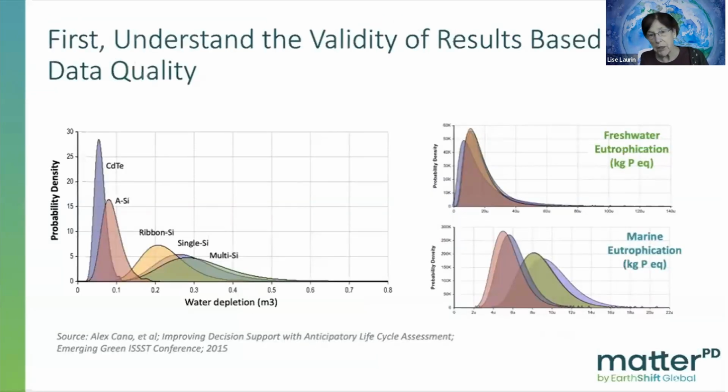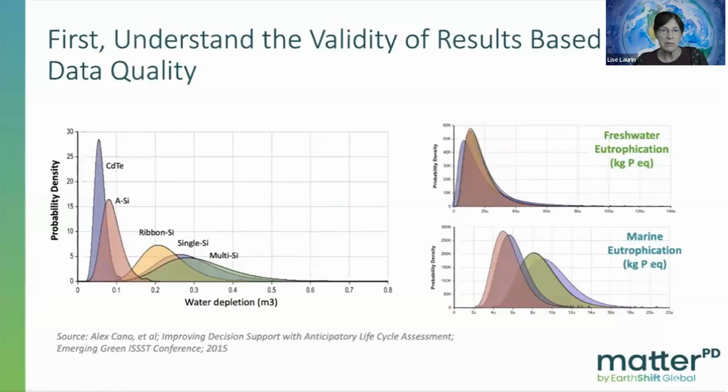So the first thing we want to do is understand, is there really a difference, right? If I'm going to compare two things and there's really not a difference, then why am I using that indicator to tell me there's a difference?